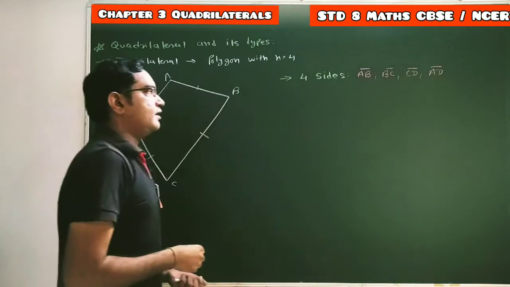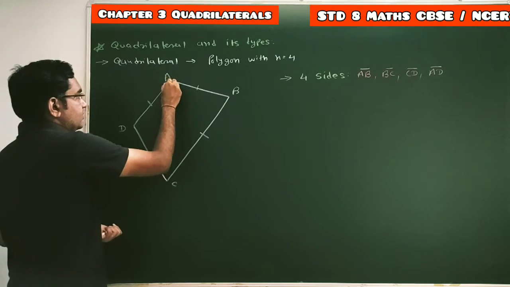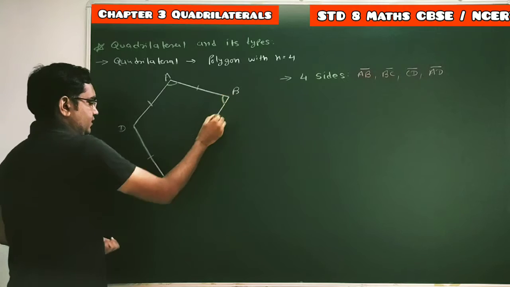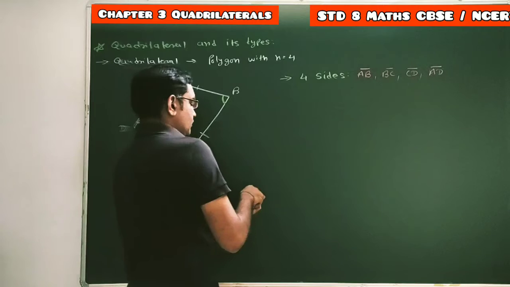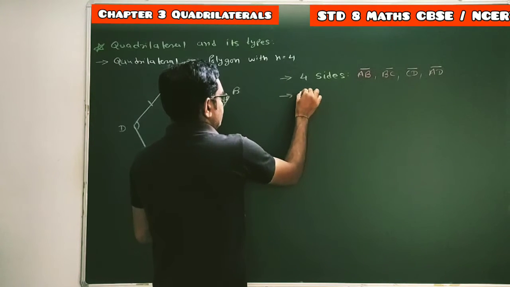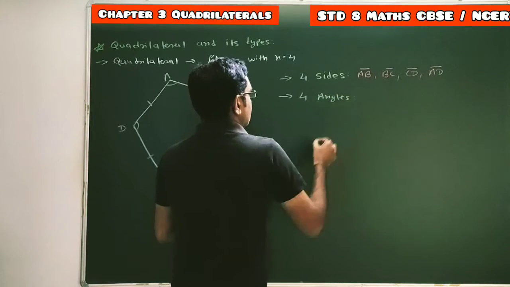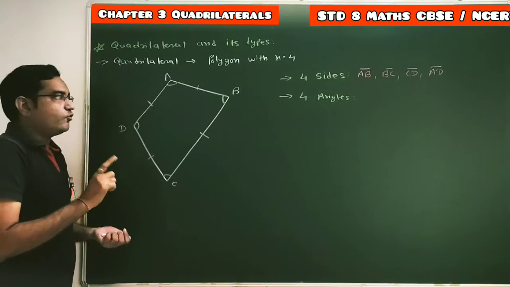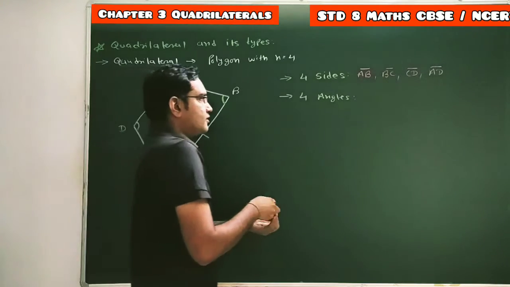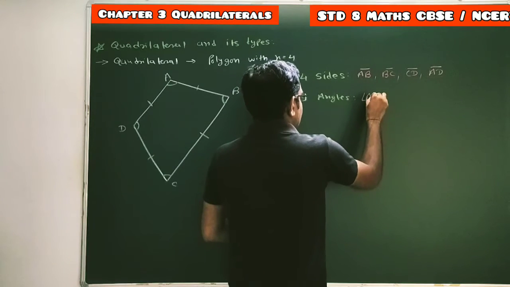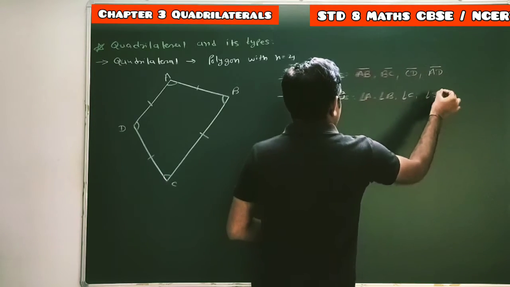Now in this quadrilateral, total 4 angles are there: angle A, angle B, angle C and angle D. So 4 angles are also there in a quadrilateral. Those 4 angles are angle A, angle B, angle C and angle D.